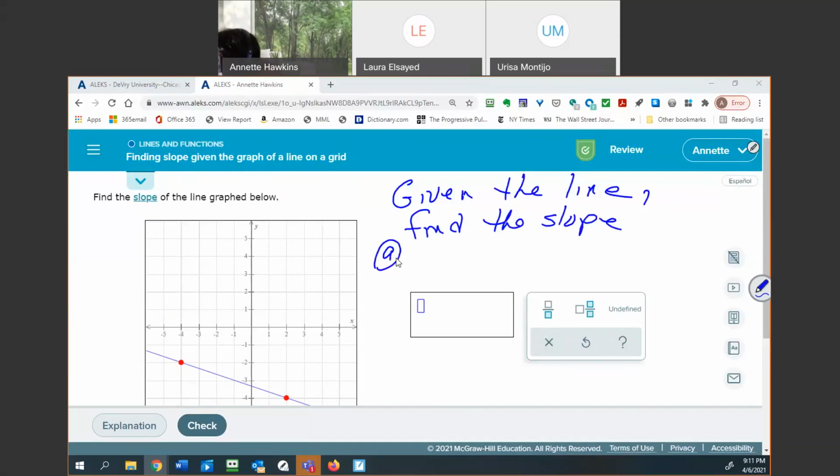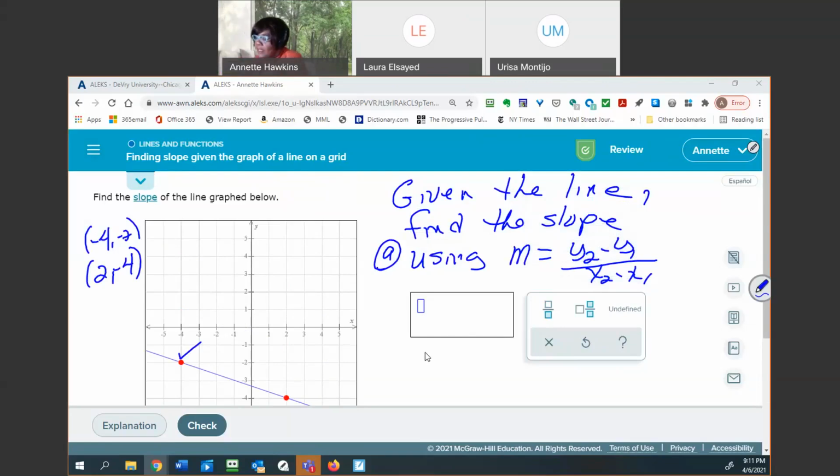And the first way is using m equals y2 minus y1 over x2 minus x1. And I tell you, I need some space. All right, let's get the ordered pair for this point. That's -4, -2. The ordered pair for this point is 2, -4.